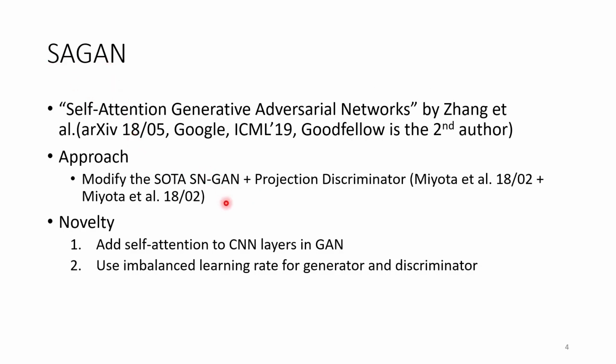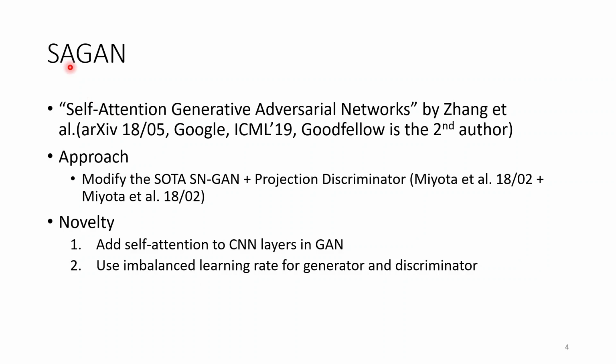Based on them, SAGAN wants to add self-attention to the CNN-based GAN. They also introduced an imbalanced learning rate for the generator and the discriminator. The imbalanced learning rate was not their invention; they used somebody else's findings in their SAGAN.